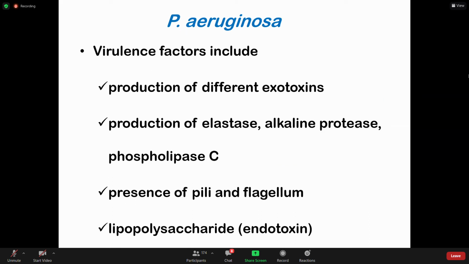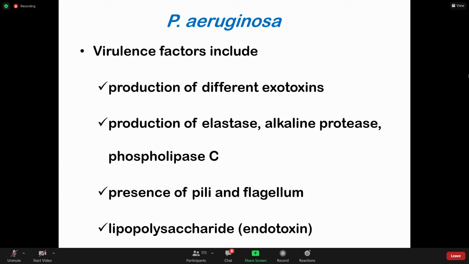Virulence factors associated with this organism include production of exotoxins. There are different types of exotoxins. Its ability to produce degradative enzymes like elastase, alkaline proteases, and phospholipase C, which attack components of the host tissue and cells.